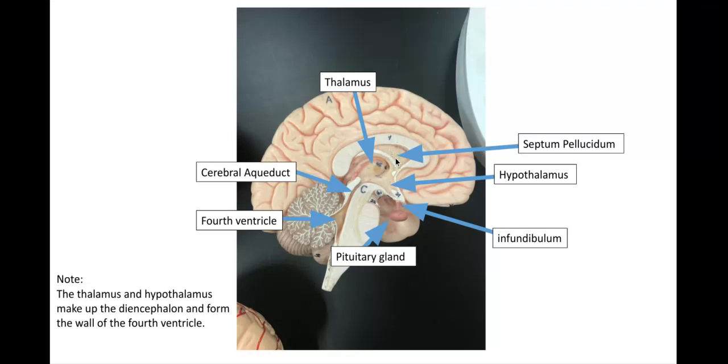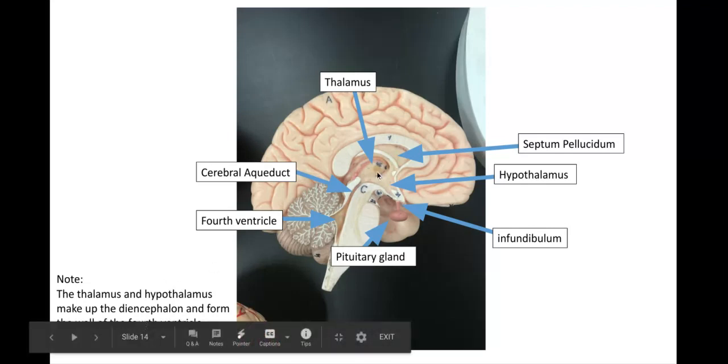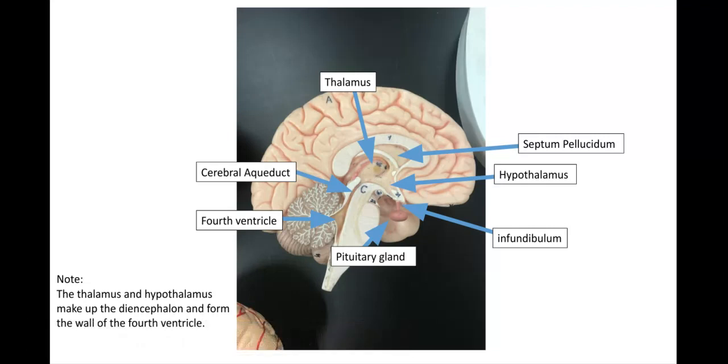If we look, it's also going to end up being connected to this area called the cerebral aqueduct, which then leads into this fourth ventricle. So our hypothalamus and thalamus area is going to be making up our diencephalon, the deep brain, and it makes the wall of the third ventricle, which is very important because the fluid will go out of this aqueduct into the fourth ventricle, into the spinal cord.